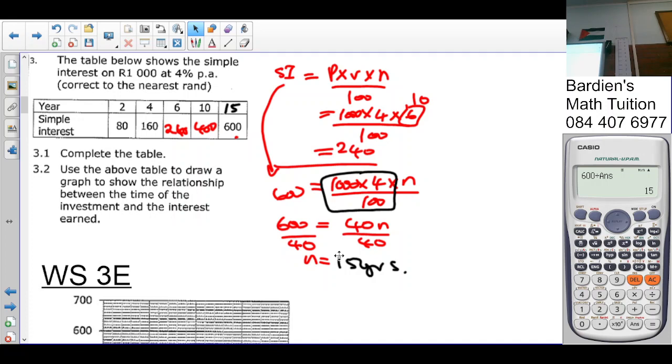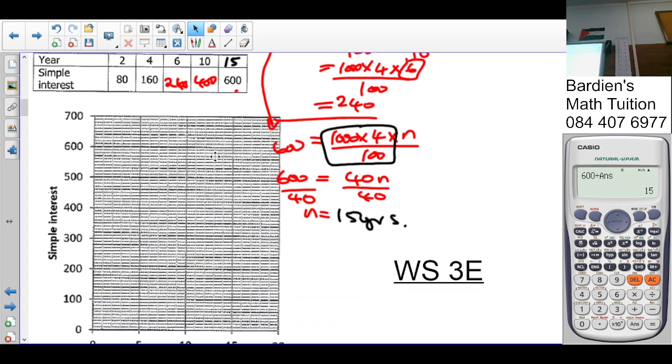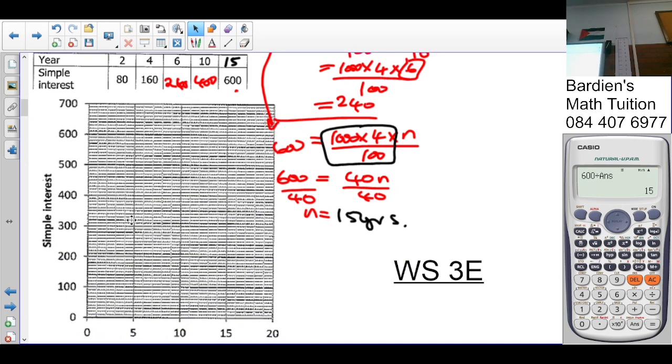Right, here we go. So we are told in 3.2, use the above table to draw a graph to show the relationship between the time of the investment and the interest earned. So what I need now is that table for this graph.